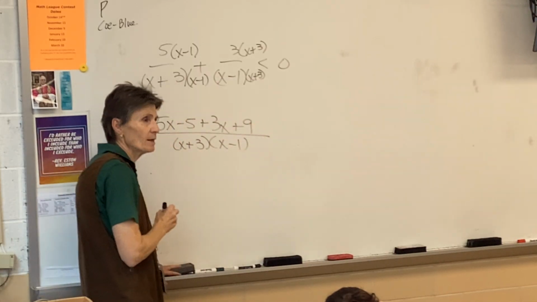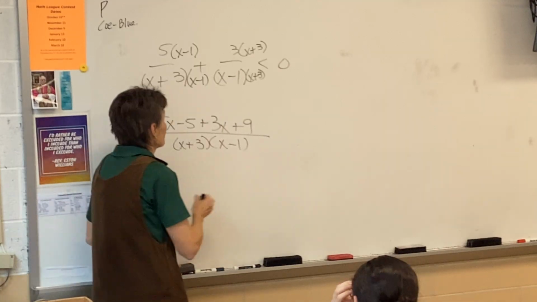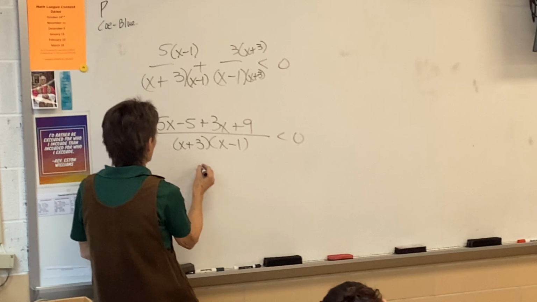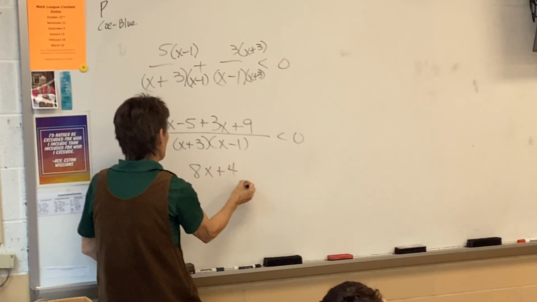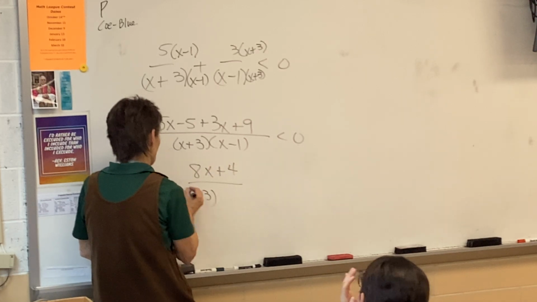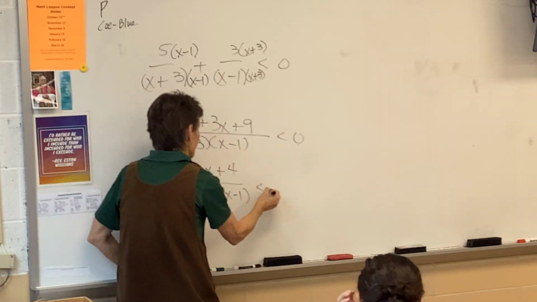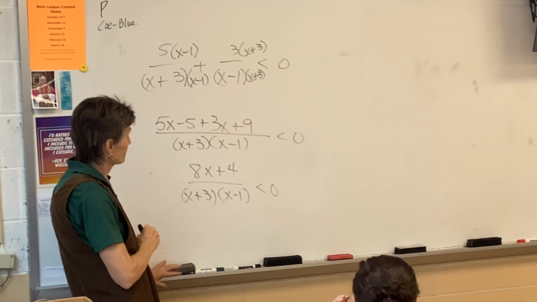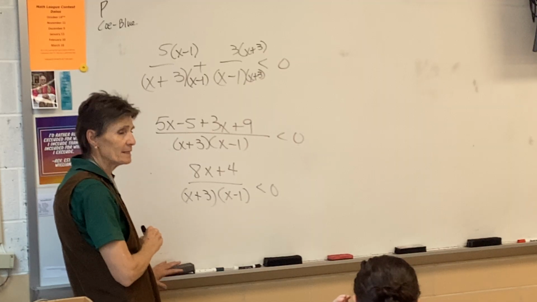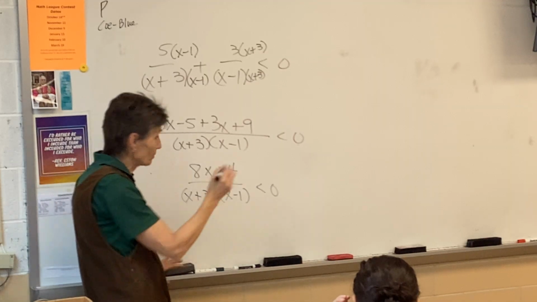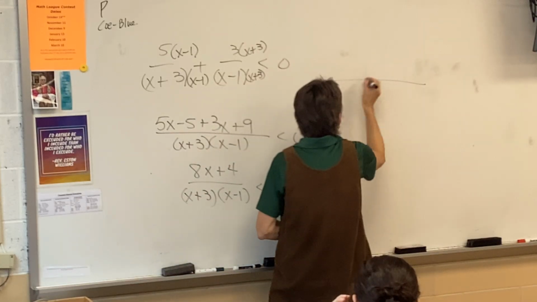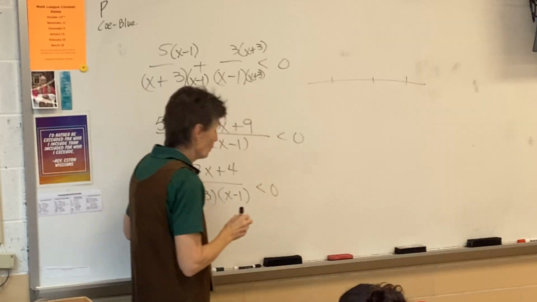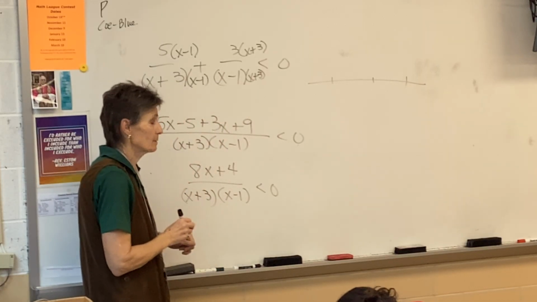Did I do my math right? So that makes, what, 8x plus 4? Dots. How many dots? 3. 1 from the top, 2 from the bottom.